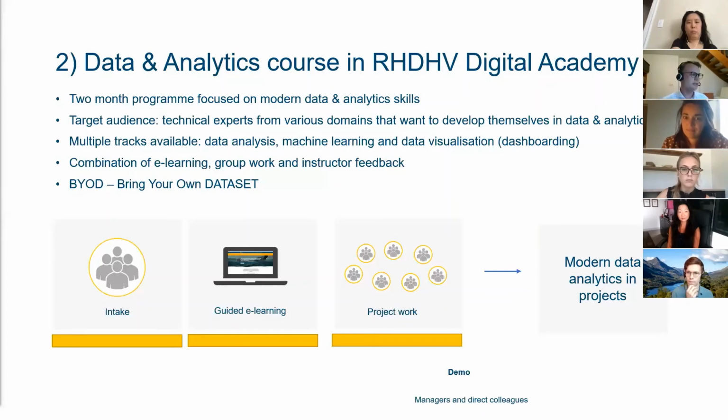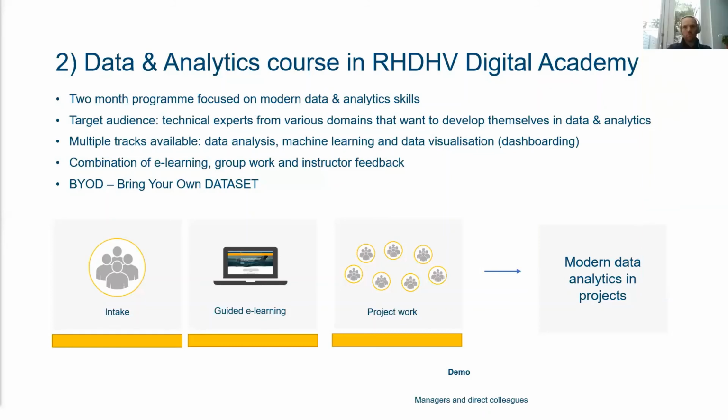So what we did is guide them in this program by picking the right type of e-learning, by answering all the questions that they might have, and also by having them do project work. That is, applying the new techniques that they learned in projects from their work, such that later on they can actually apply the newly learned skills in their projects.